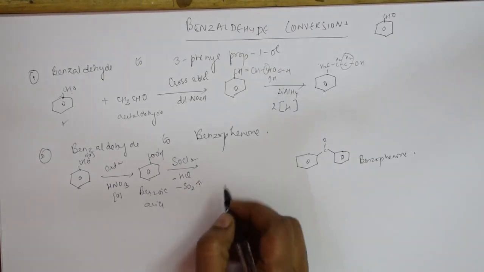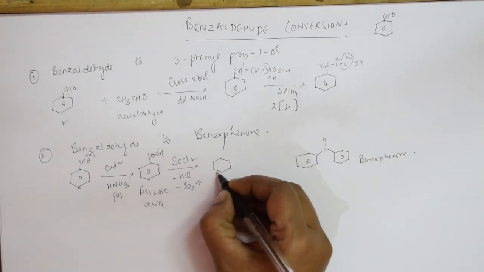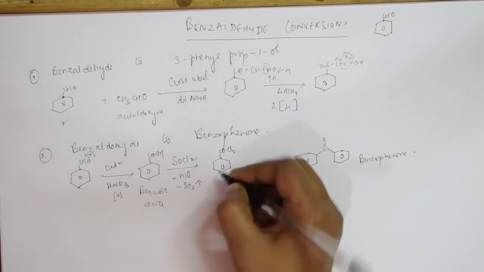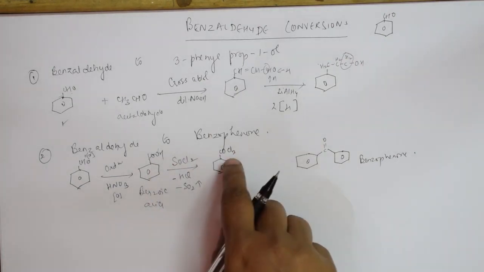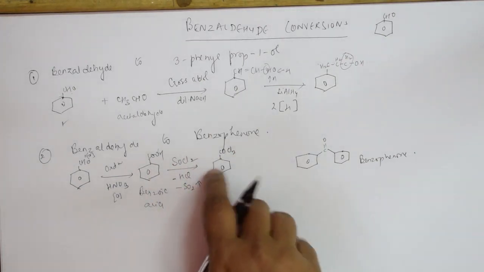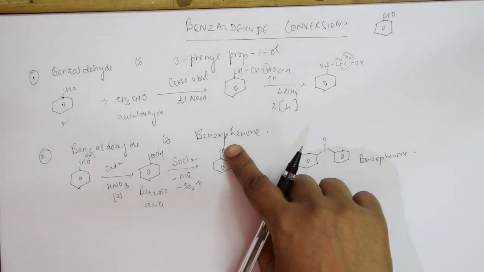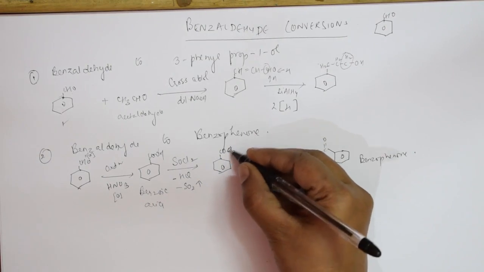Now what do I get? I'm going to get this compound, COCl. If you are only taking out sulfur dioxide, SO2, gradually in one more step you can also take out Cl as HCl, then this becomes CO, isn't it? Done. You can also take it out like this. So Cl is also subtracted.